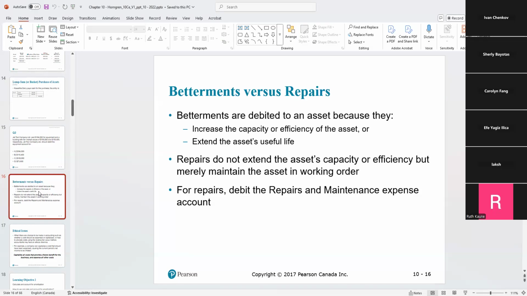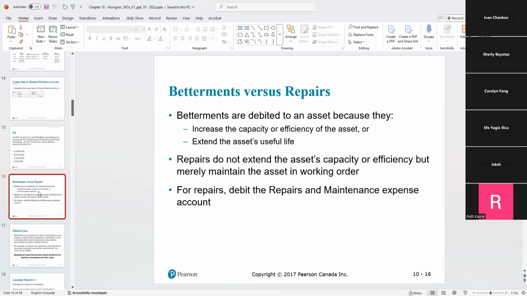Well, betterments will be part of the asset, debited to the asset, and they're going to increase the value of the asset. The repair will be purely expense. Why? Because it's just maintaining our assets.